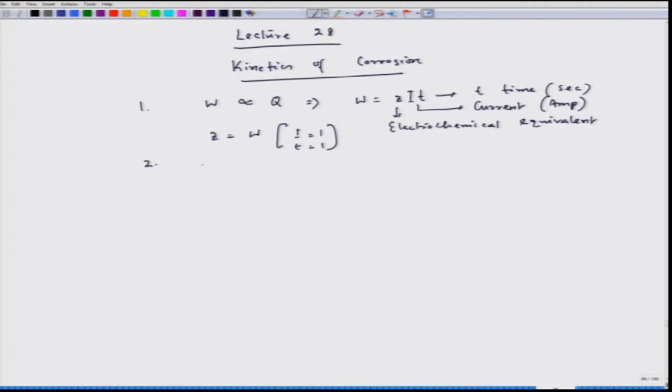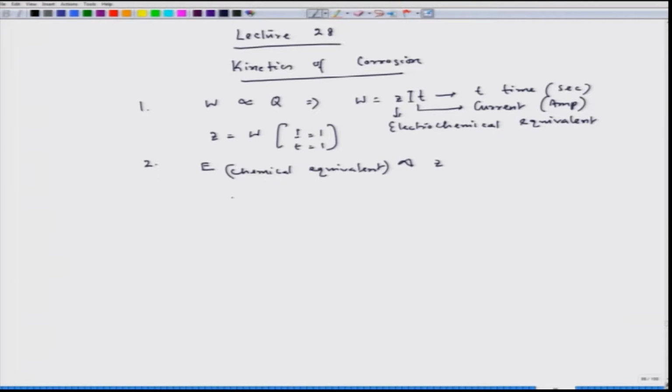second law. It says that E, which is the chemical equivalent, is proportional to Z. Why? Because we saw that we had taken two examples.